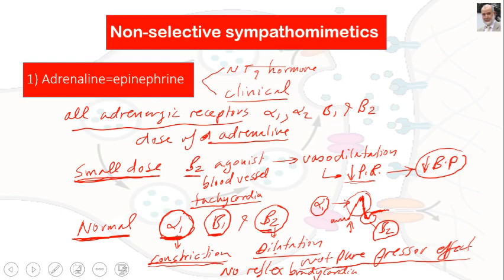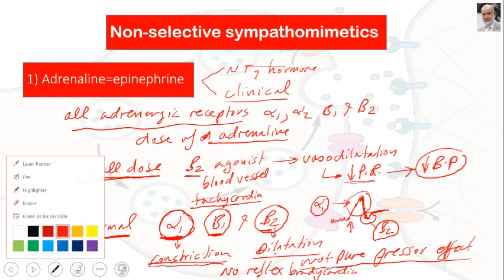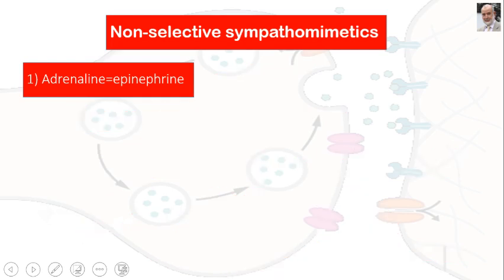So what will happen to the bronchioles? Because we said that adrenaline will act on alpha-1, beta-1, beta-2. Alpha-1, we said, will increase the blood pressure. Beta-1, we said, will increase the blood pressure by increasing the cardiac output. Correct?